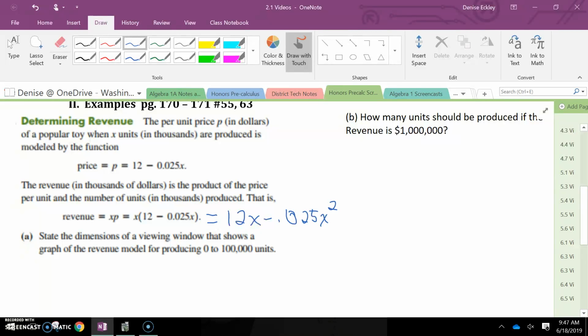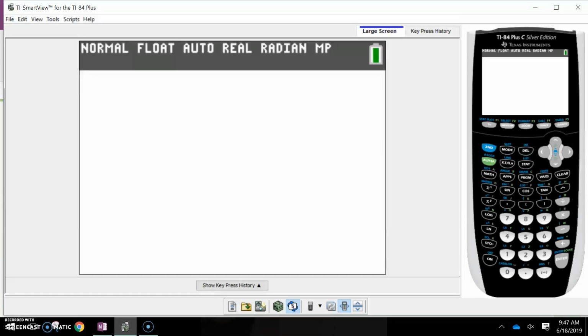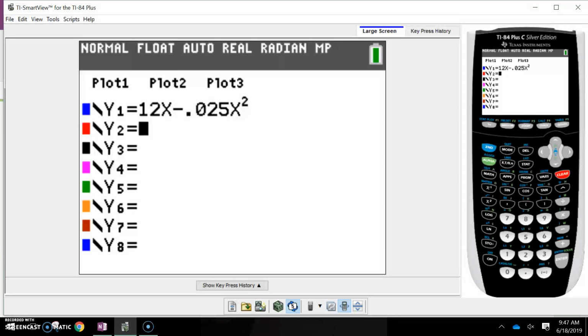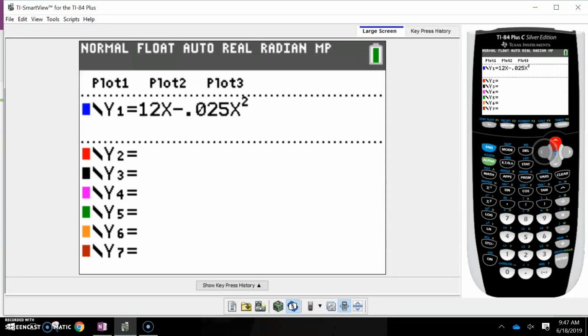So what you can do is in your calculator, put in the equation, and I have it under Y1 here. Let me clear out the last thing I did there. And so there's the equation.